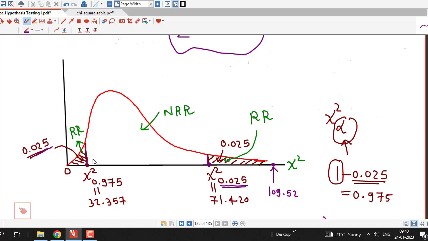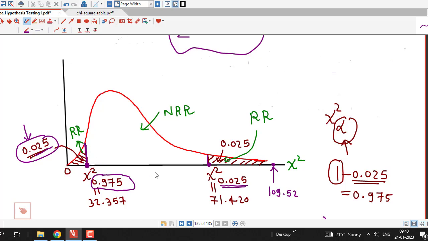To find this other critical point, we have to look for 0.975 area, not 0.025, because the chi-square table gives us the critical values for the areas to the right of that critical value. Therefore this is denoted by chi-square suffix 0.975, that is 1 minus this area.